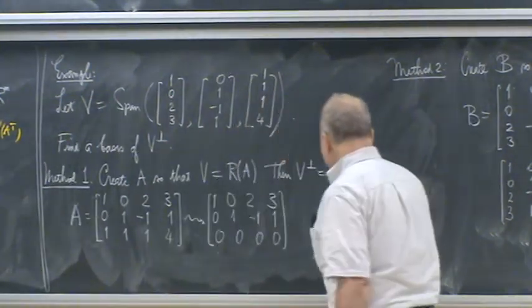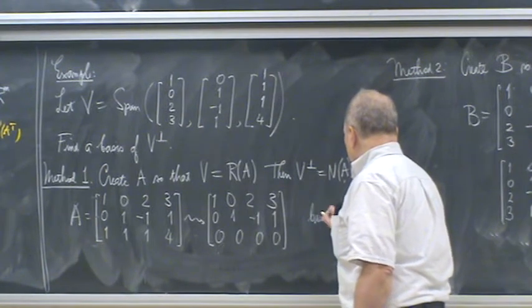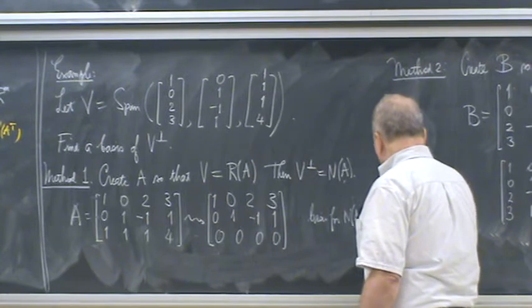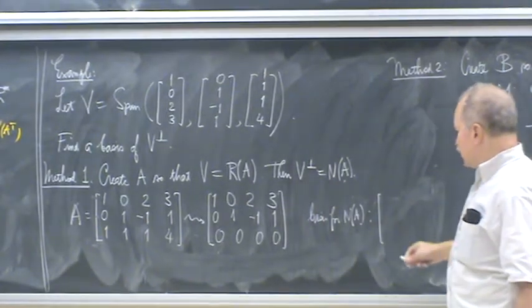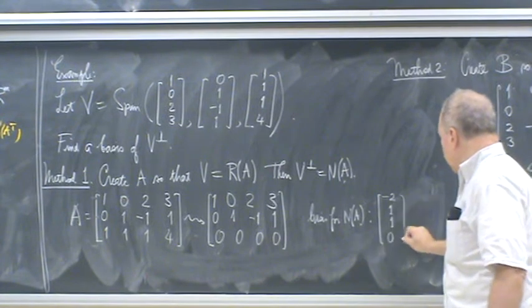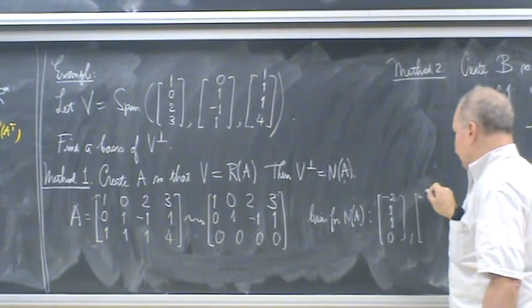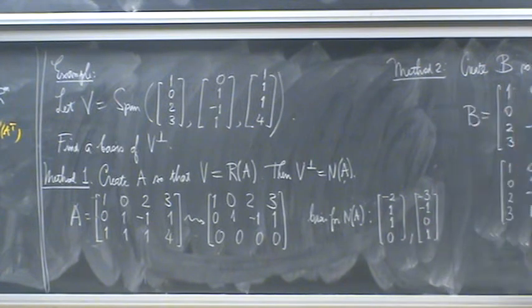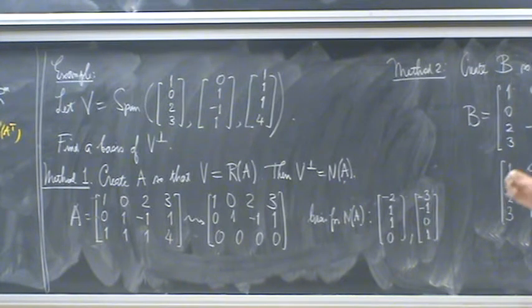So a basis for the null space, which is therefore a basis for the perp, is going to be -2, 1, 1, 0, and -3, -1, 0, 1. Have you all caught on to the shortcut without writing out all the equations? Just take the negative.